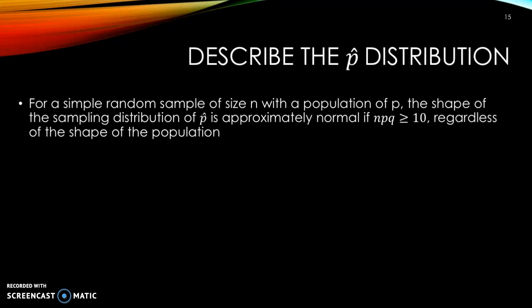You do not care whatsoever what the shape of the original population is. It has absolutely no impact on whether or not you can use the normal distribution for p-hat. You always have to check if n times p times q is greater than or equal to 10.